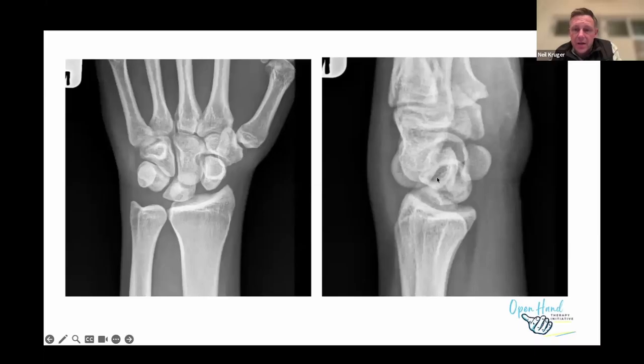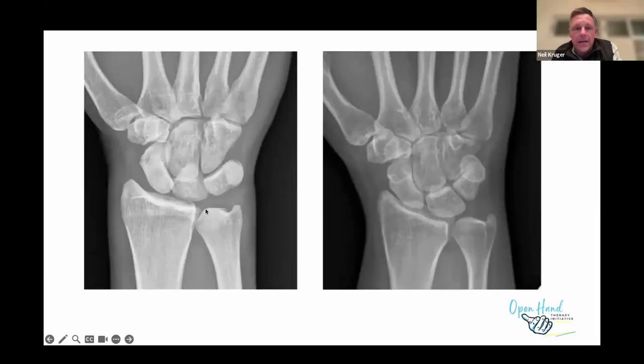I cannot actually adequately see the lunate on these views, and the scaphoid itself is sitting dorsally dislocated and perched on the distal aspect of the radius, on the dorsal aspect of the radius over here. Okay. Here again, this is the importance of recognizing x-rays.